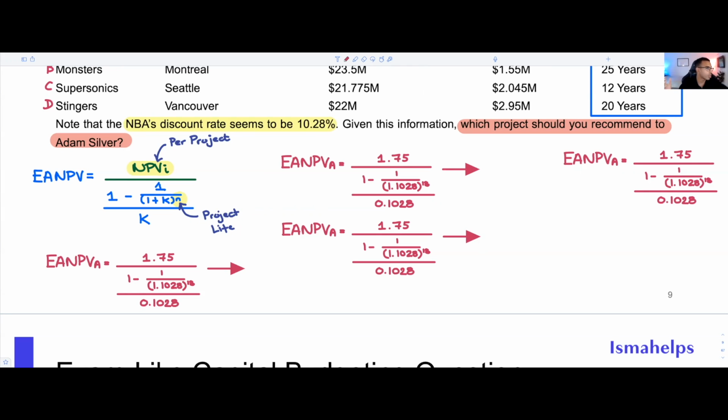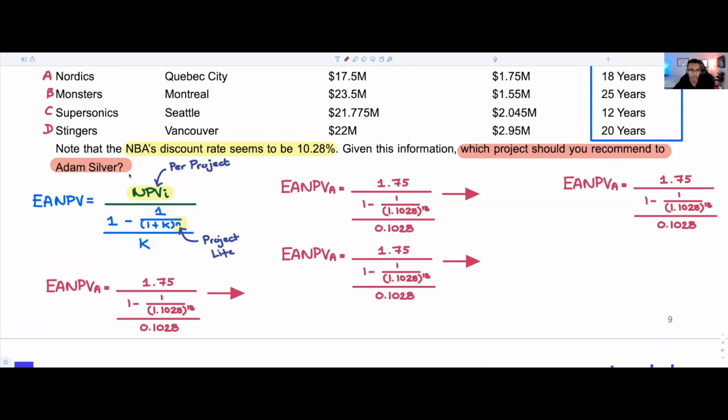Since it's my first time doing it, I'd like to be as comprehensive as I can. So 1.75 divided by 1 minus 1 over 1.028 to the power of 18, all divided by 0.1028. That should give us 0.21722 as our EANPV for project A.